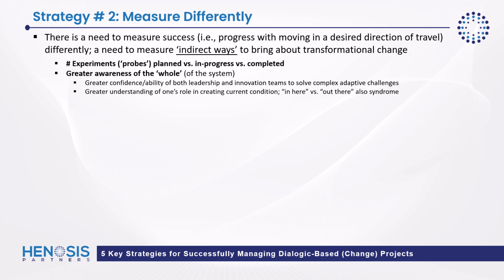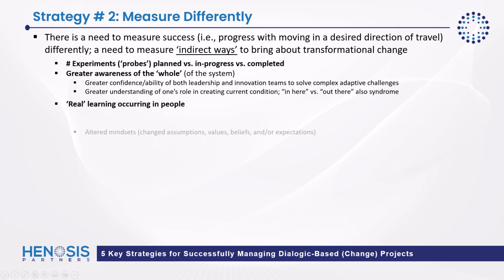Additionally, we may measure the extent to which there's greater understanding of one's role in creating the current condition. That is, in having individuals understand that the current condition is both a function of what's happening in the system, that is out there, but also what's happening because of our own efforts, which we refer to as more of in here.